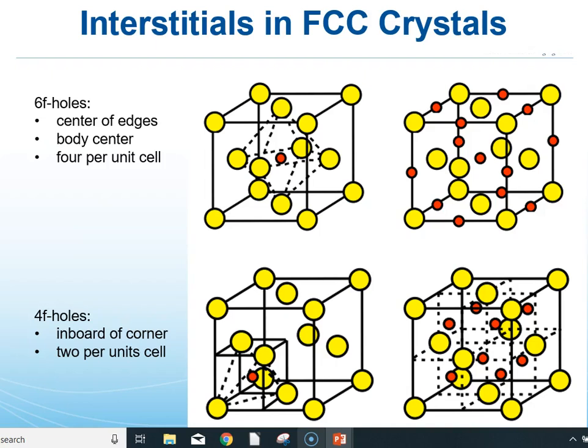So if you lift up each corner, there's a tetrahedral hole which is wholly ascribed to that one unit cell. So effectively you have 2 per unit cell inboard of each corner. Actually, if it's wholly ascribed to the unit cell, there should be 8, but it may not be. Have to look closer. On the corners, the big takeaway there though is they are much smaller, and so you can't fit as large a solute in them.